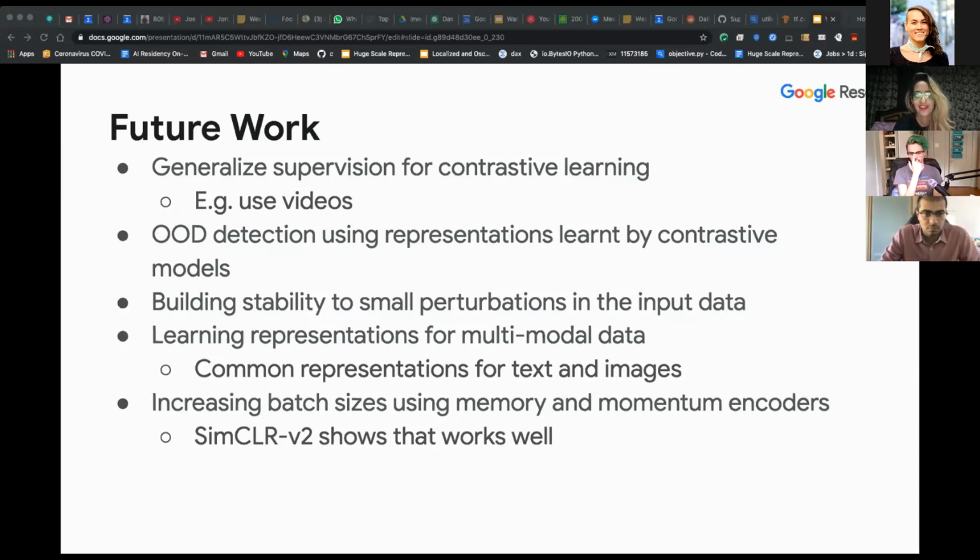The other question that I wanted to ask was, outside of the image setting, how well do you expect these kinds of contrastive learning approaches to work? For two reasons. One is a lot of image classification tasks basically involve these kinds of texture and pattern matching things that maybe don't transfer super well when it comes time to do segmentation or depth mapping or something else with images.